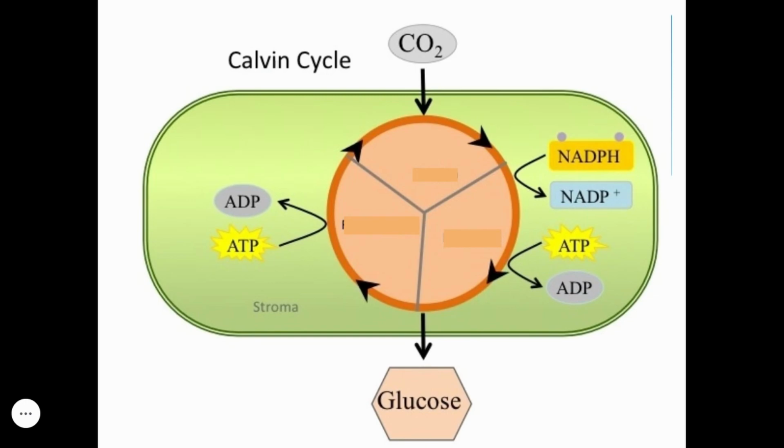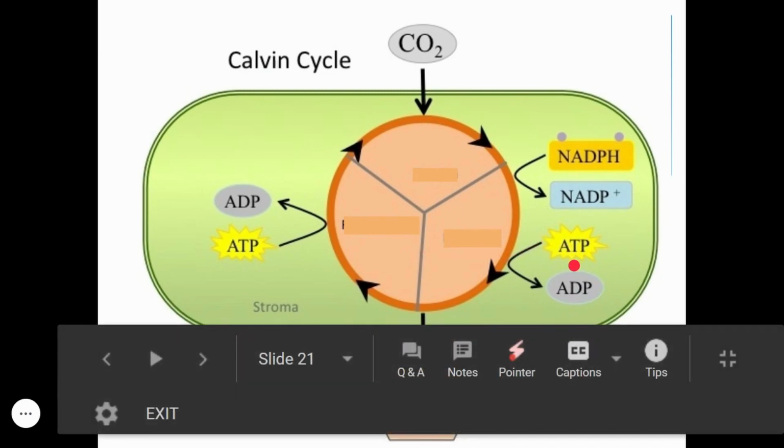So again, here's the Calvin cycle. Carbon dioxide is going to react with NADPH and ATP to form glucose. But I do want to point out one very important detail in this picture. As you see, we'll start with ATP. ATP, when the energy is all used up, converts back to ADP.